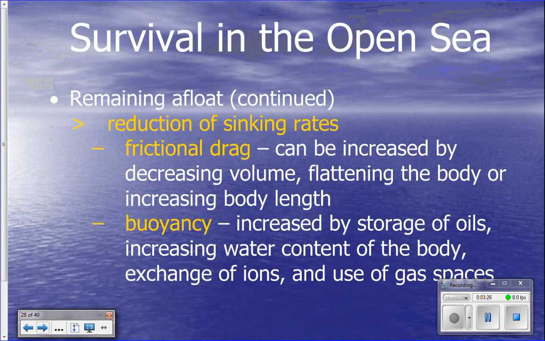The other thing that they will do is they will actually have a large surface area because it increases the frictional drag. We'll use the analogy of a car to help you understand this. When you have air moving over your car as you're driving down the freeway, that air is creating friction and creates drag, which tends to slow your car down, which is why when you're driving, you have to keep your foot on the gas to keep it going forward.